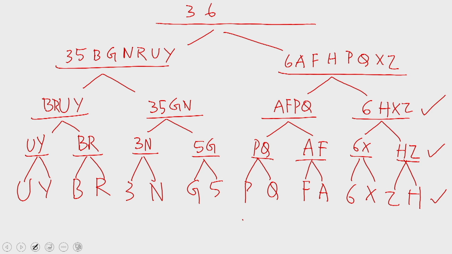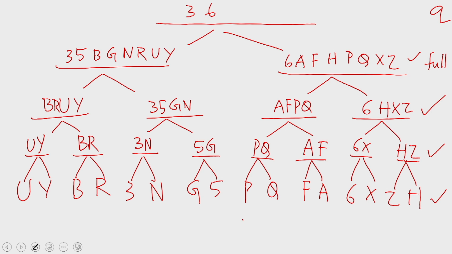So, by the end of the 9th stage, you can see that the third level is full. That is, the third level has acquired all the elements in the leaves of the subtree that is rooted there, which means the subtree that is rooted at this node contained 6AFHPQXZ.